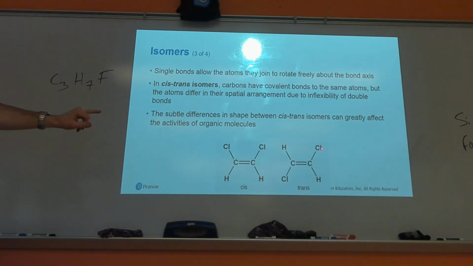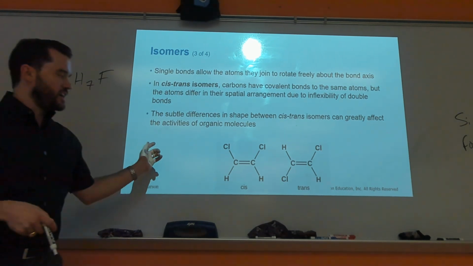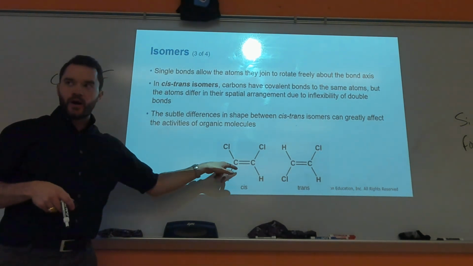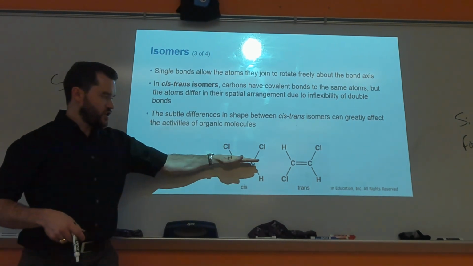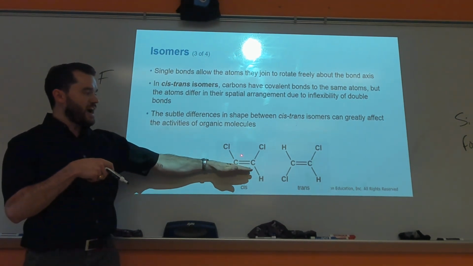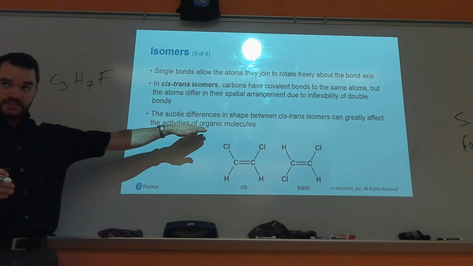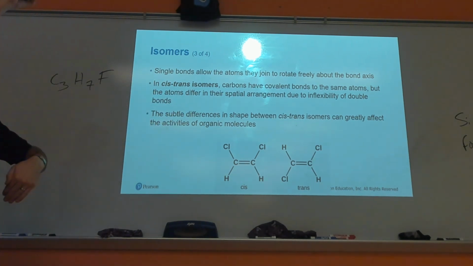But if the chlorines are on opposite sides of this carbon-carbon double bond, that's your anchoring point, it's trans. The naming actually makes sense with how people say cis and trans.